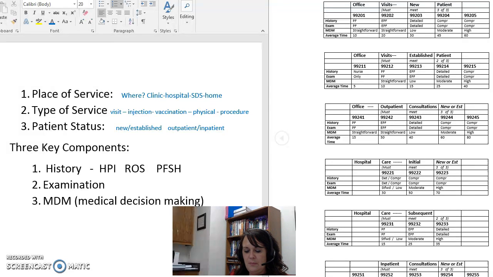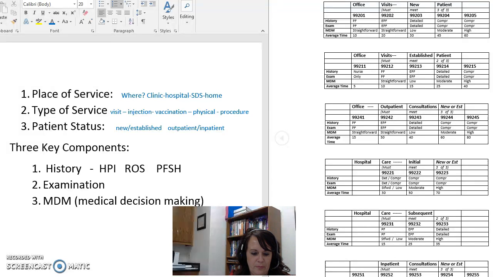So if we were in the clinic, needed a visit, and it was an established patient, I want you to go right in your very back purple area, which is your index. This is all alphabetic, look in the E's. And the reason we're going to E's is we're going to look for evaluation and management. So towards the end of the E's, back in your index, you should be flipping through your book now, for evaluation and management.